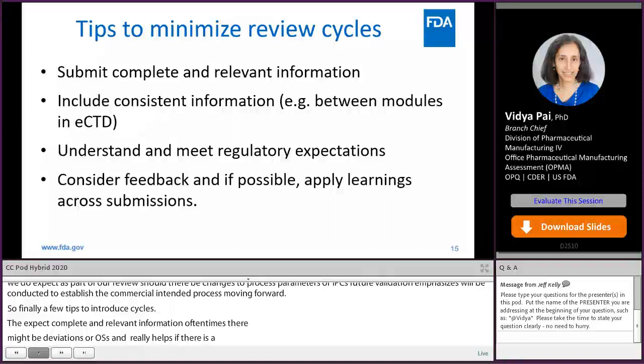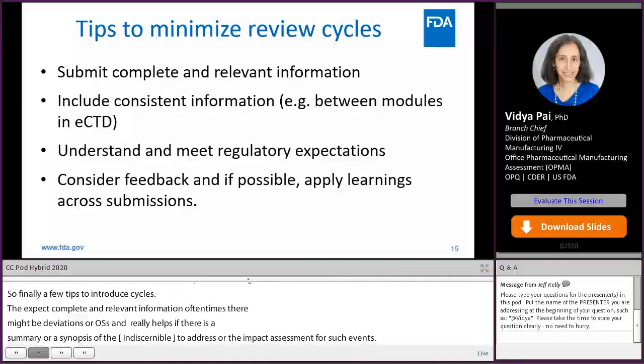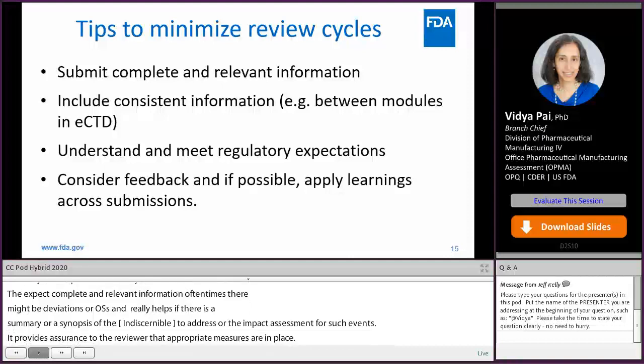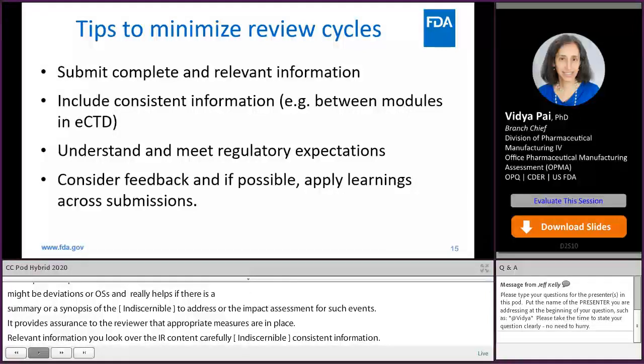It provides assurance to the reviewer that appropriate measures are in place. Relevant information, do look over the IR content carefully and respond accordingly. Consistent information, if you do update certain modules, make sure information updates are done across all modules for consistency purposes.